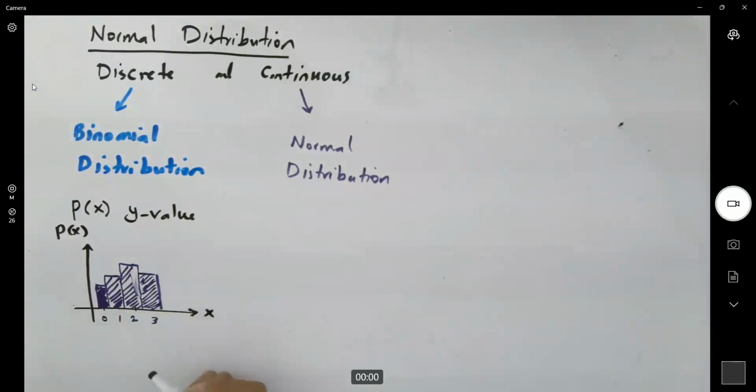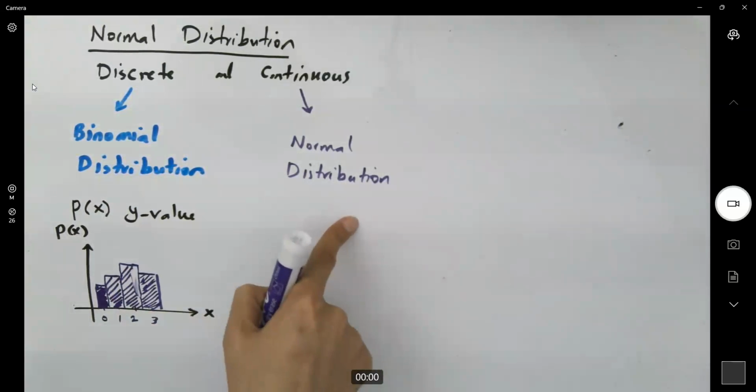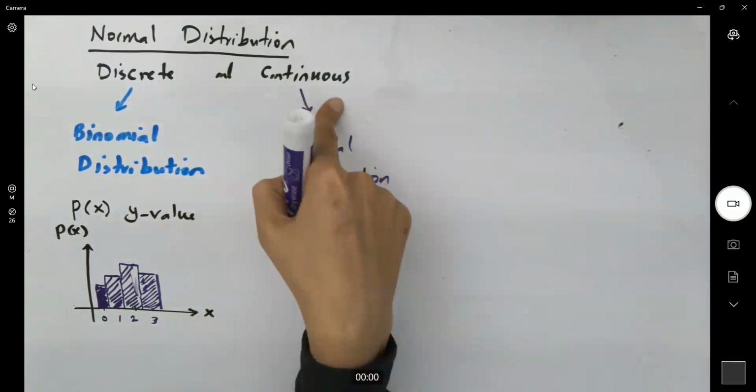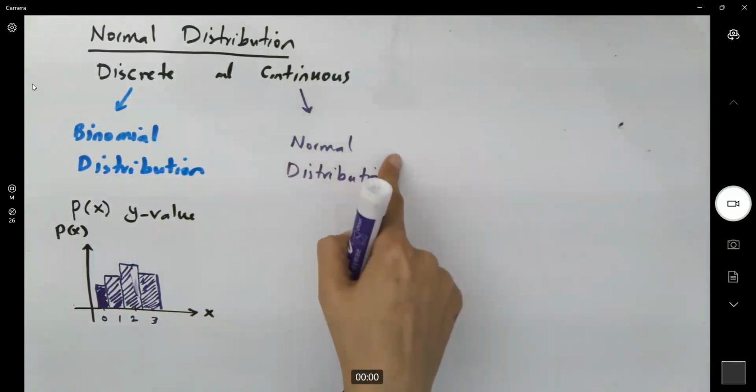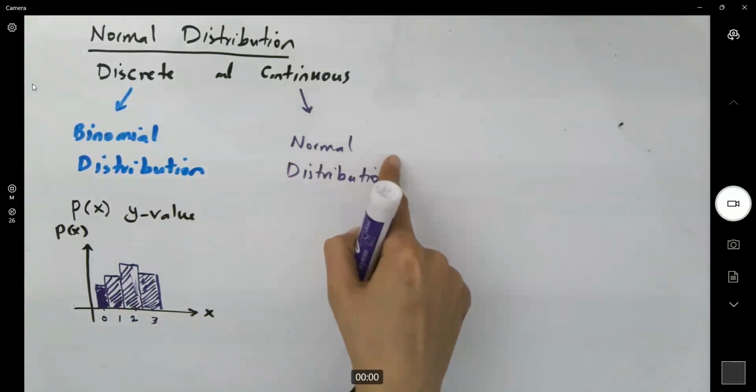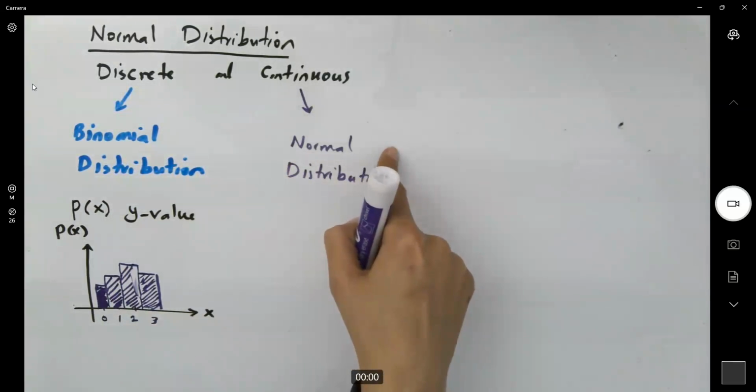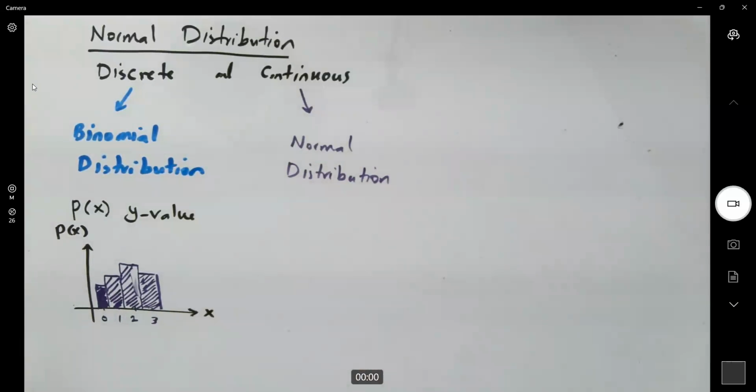Well, many natural phenomena follow a continuous random variable, and their probability distribution follows a bell-shaped graph. It's not that hard to see the bell-shaped graph.